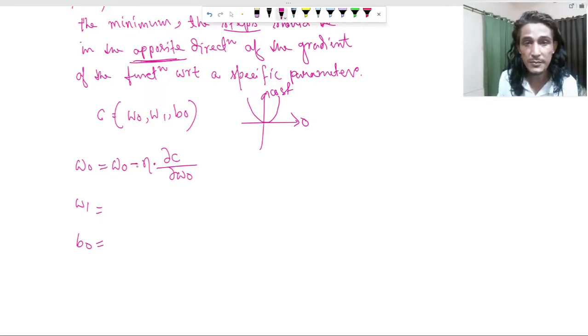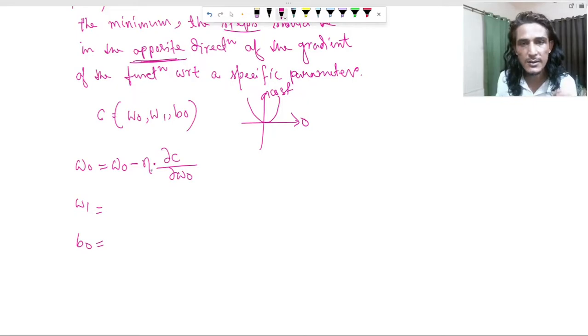Why are we subtracting here? Because we want to move in the opposite direction of the gradient. If this term is a positive number, then we are reducing w0, and if it is a negative number, then that minus will be multiplied by this minus, it will become plus, so we are increasing w0.